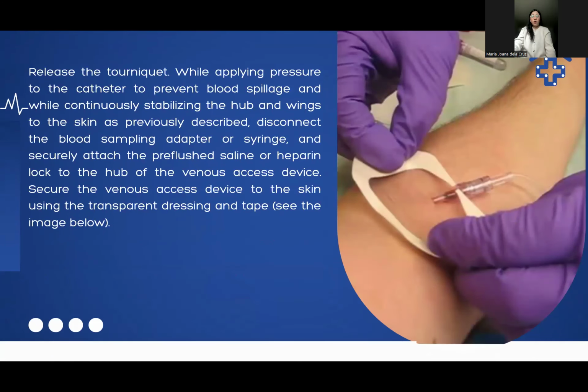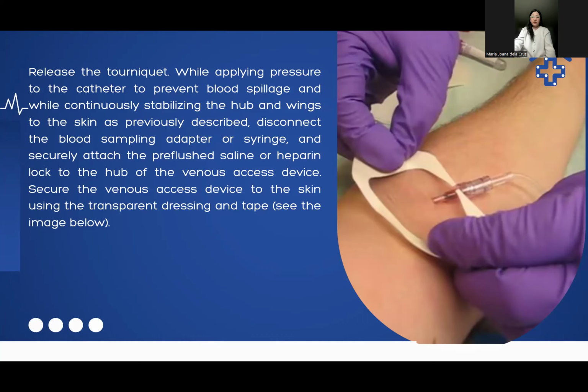So right now, we release the tourniquet while applying pressure to the catheter to prevent blood spillage, while continuously stabilizing the hub and the wings to the skin as previously described. Disconnect the blood sampling adapter or the syringe, and then attach securely the pre-flushed lines or heparin lock to the hub of the venous access device.